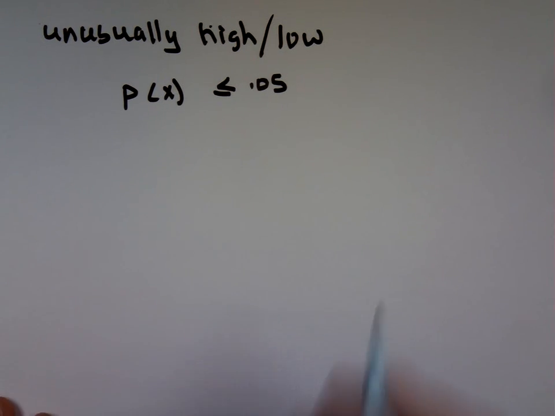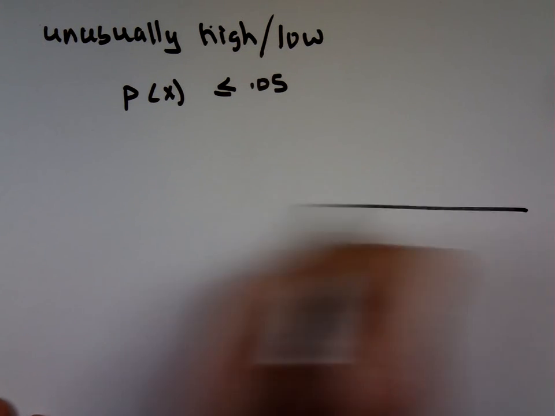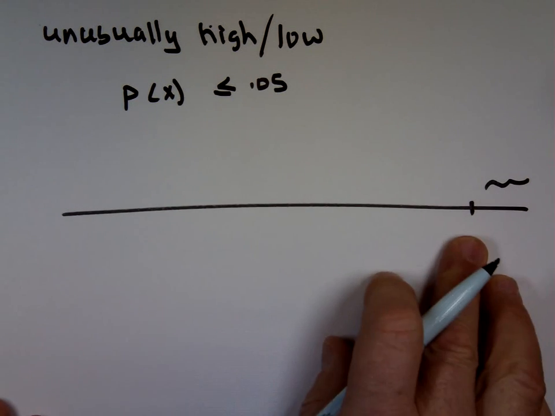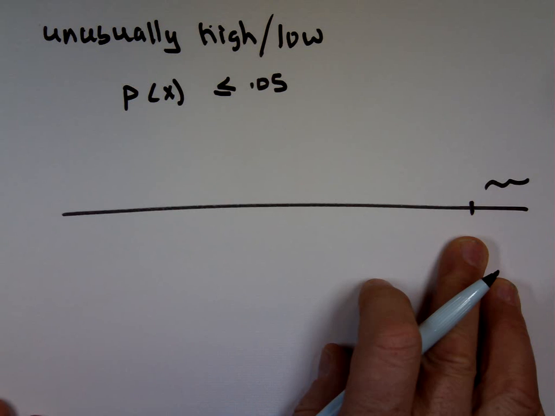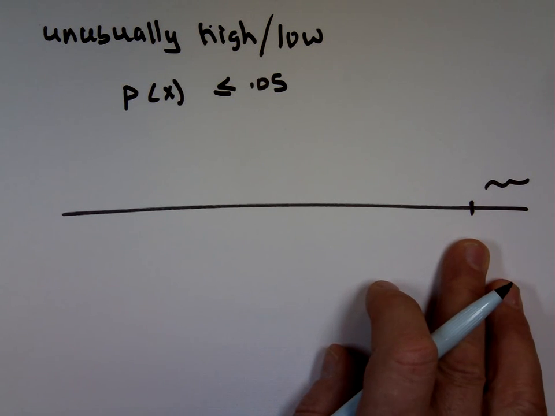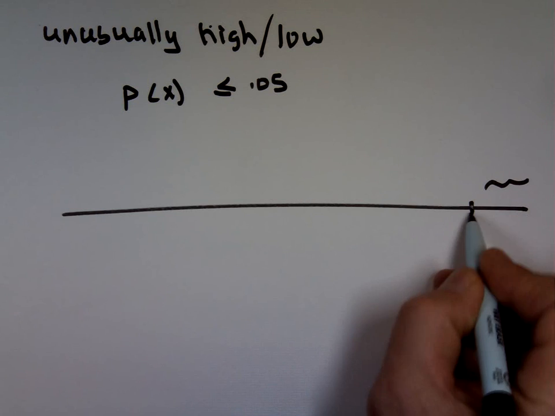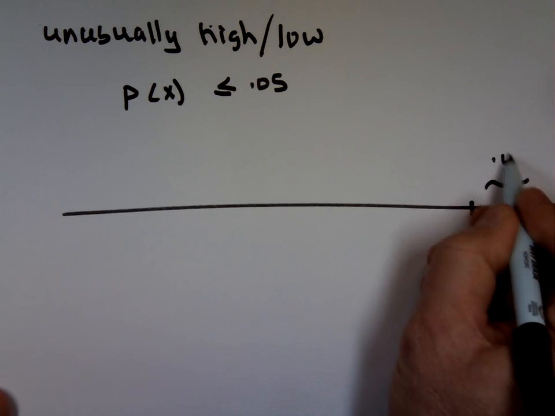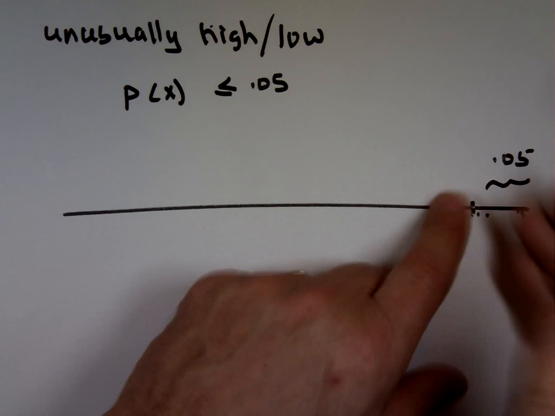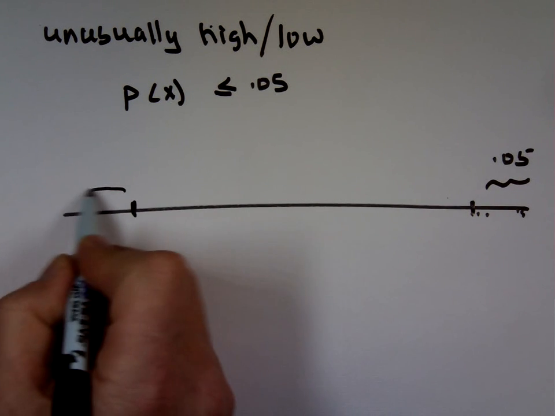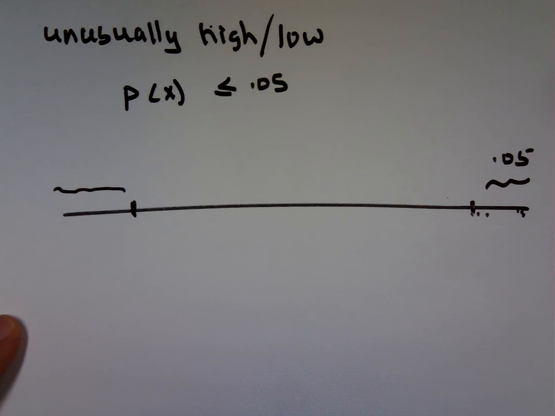If you're on that end of it here, and this number here, we've got a number for you. Let's say this is the quiz average. We did a quiz average. We say, oh boy, everyone actually was at this number and higher. That's unusually high. If that value is 0.05, that's unusually high. If everyone bombs the test on this end, say a physics test, that's an unusually low score.